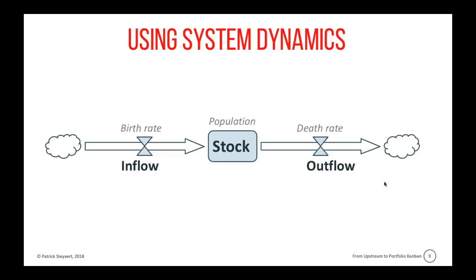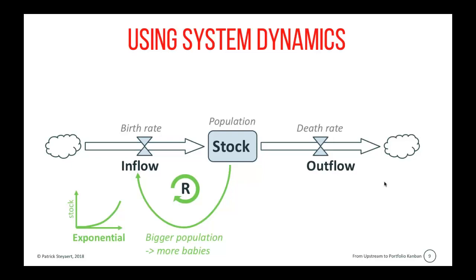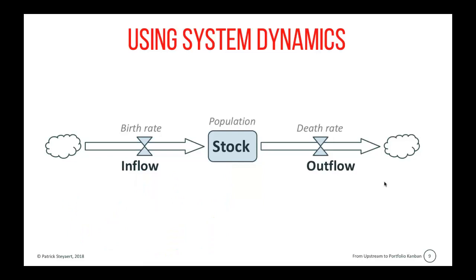An important element of systems dynamics is reinforcing and balancing loops. So we have a reinforcing loop here. Obviously, if we have more people or species or animals in our population, the bigger the population, the more babies we will have.